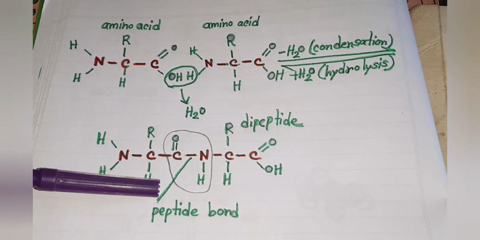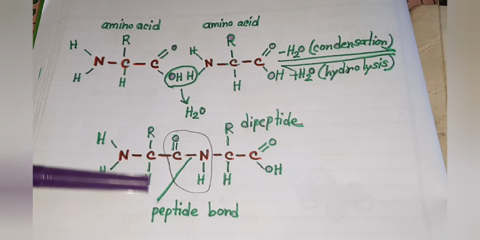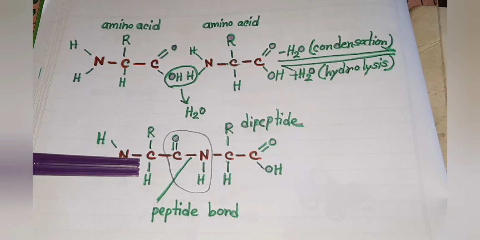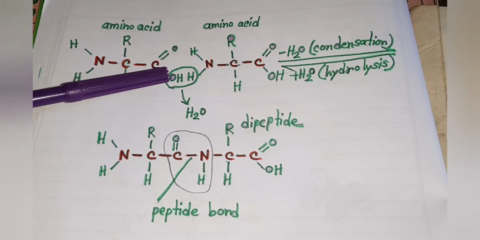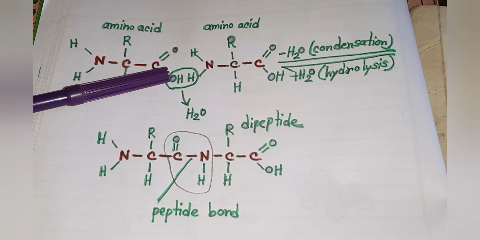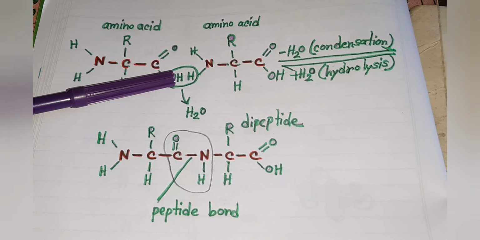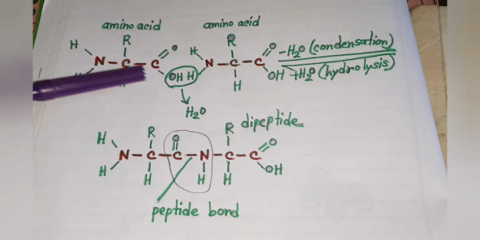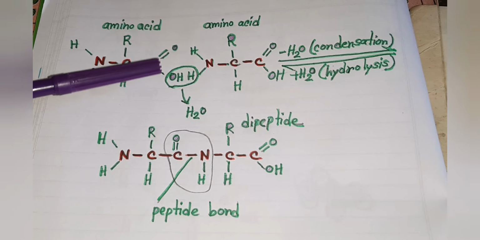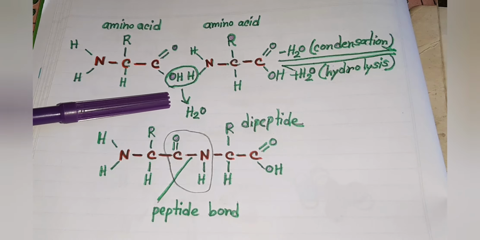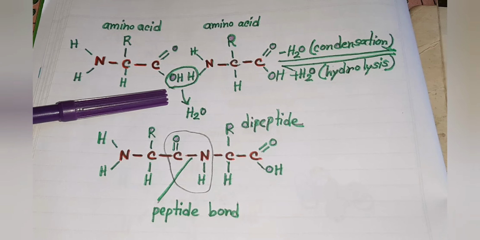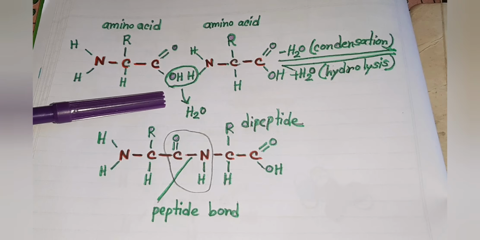So how do you make peptide bonds? What is a peptide bond? Amino acids can join together, one losing a hydroxyl. Here is a hydroxyl OH, a group from its carboxylic acid group, and this is the loss of a hydrogen atom from the acid group, while the other loses a hydrogen atom from the amino group.